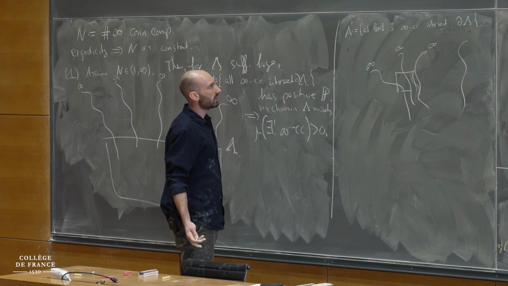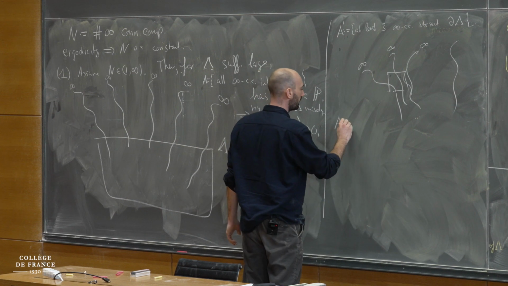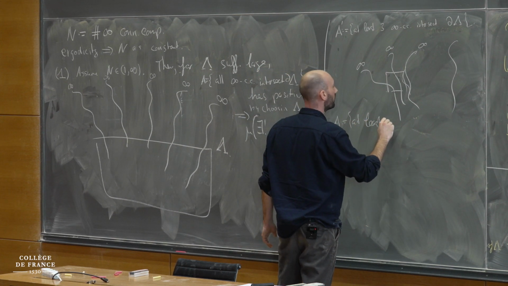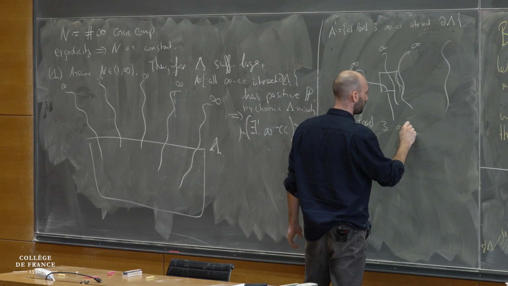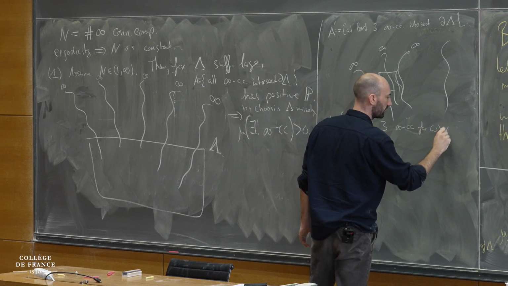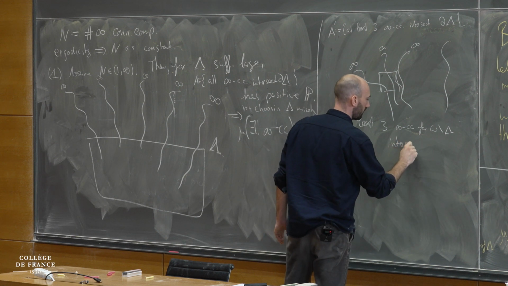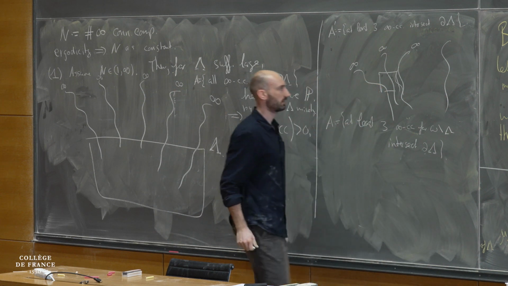But now we can slightly change our definition, namely the following. We define A as the event that at least 3 infinite connected components for omega minus lambda intersect the boundary, right?